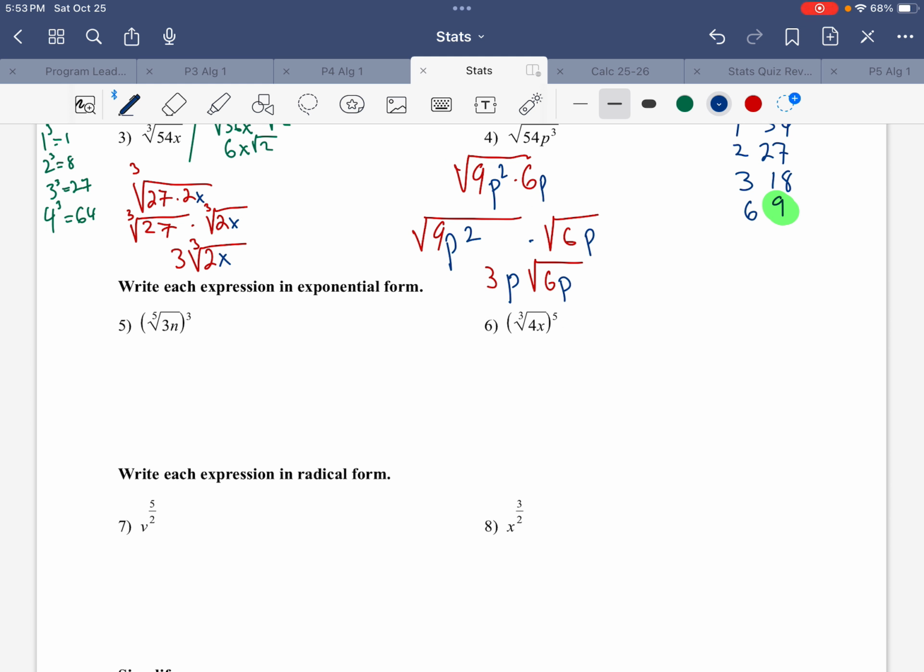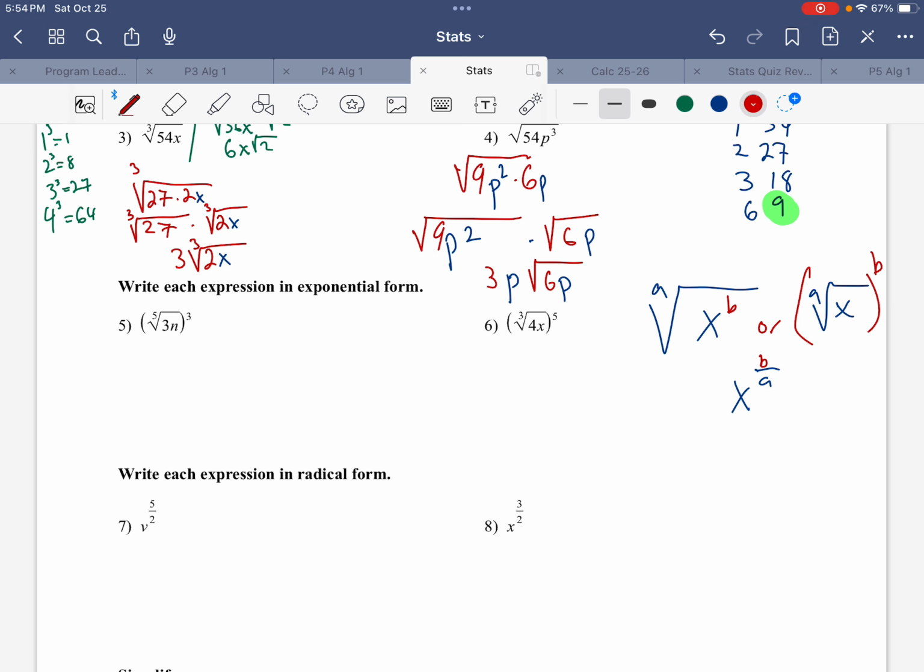For numbers 5 and 6, they're asking us to write each expression in exponential form. So if you have a radical of a root x to the b, or the index of a, and then it's raised to the b, both of these would look like x, where the numerator is going to be the b, and the index is the denominator.